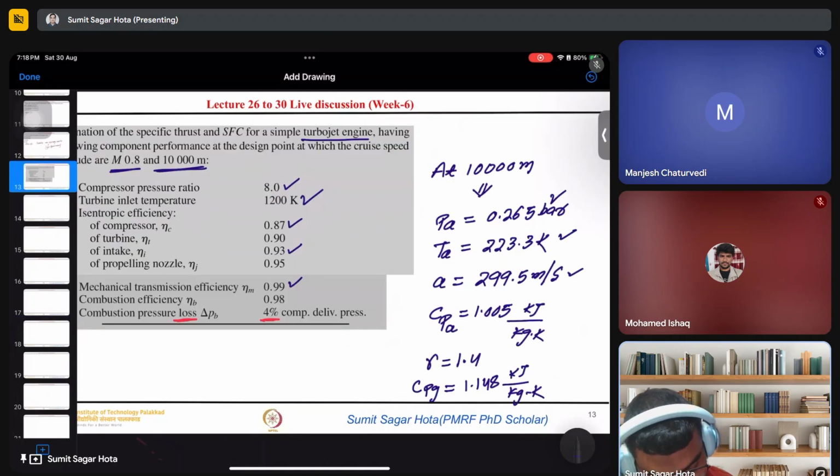It's written 4% of compressor delivery pressure, which means delta PB is not just a difference of pressure, rather it is with respect to the compressor. They are telling us there is a 4% loss.